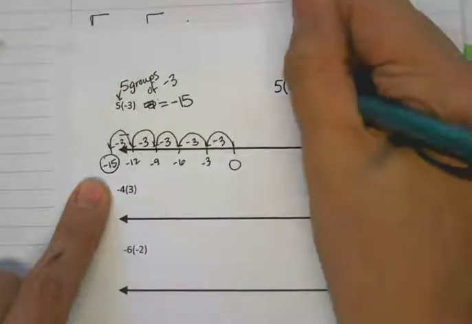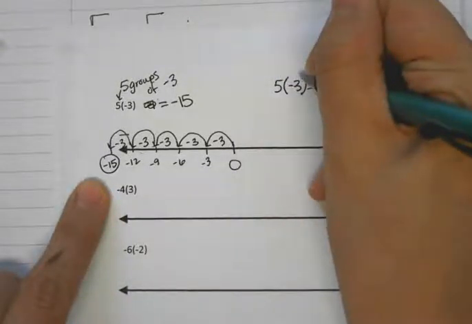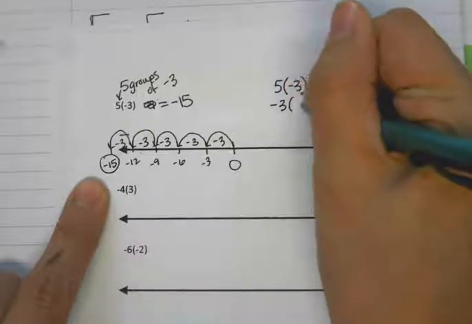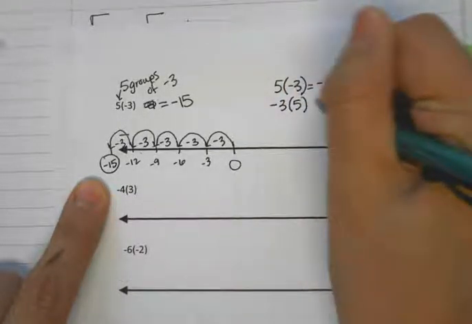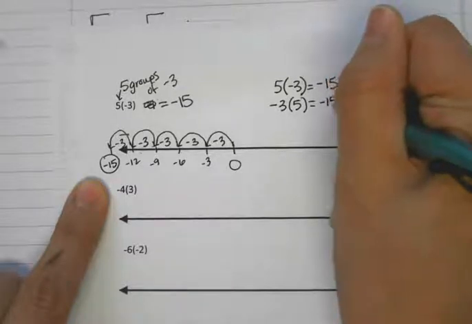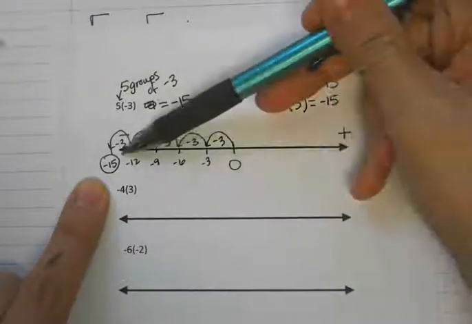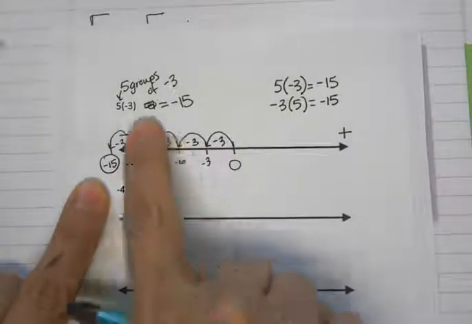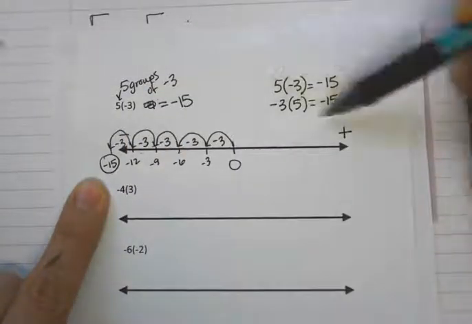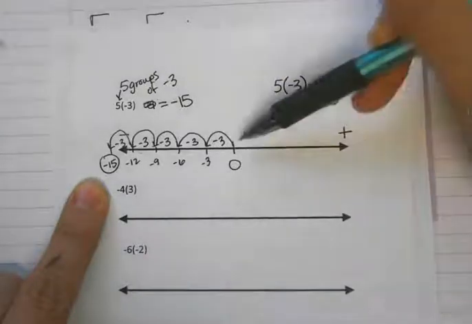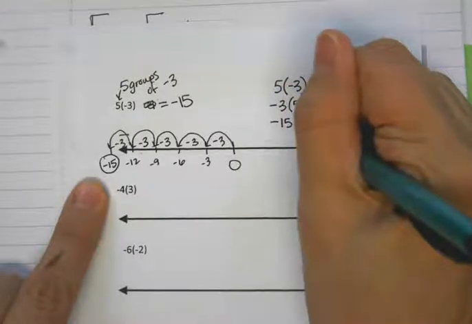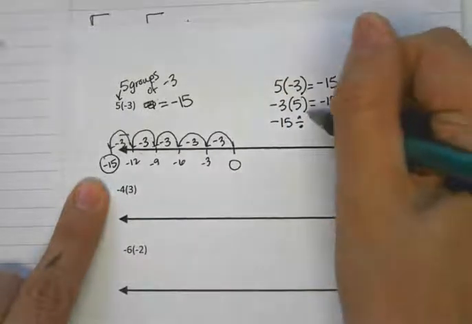Now, my commutative property does not change because of integers, so I can also switch this around and say negative 3 times 5 also equals negative 15. So this model still shows my negative 3, and it still shows my 5 groups, so this is also represented in this model. Negative 15 divided by 5.